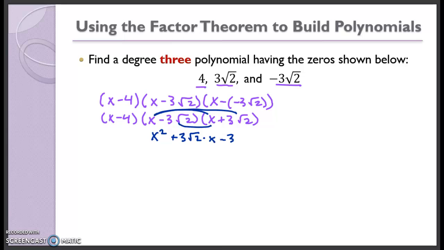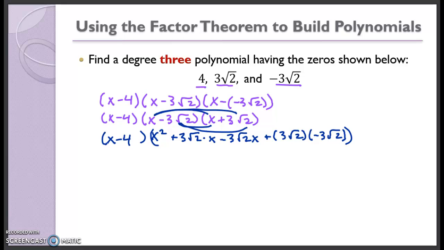Then minus 3 square root 2x. You see how those two cancel? And then plus 3 square root 2 times negative 3 square root 2. And this is all multiplied still by x minus 4.